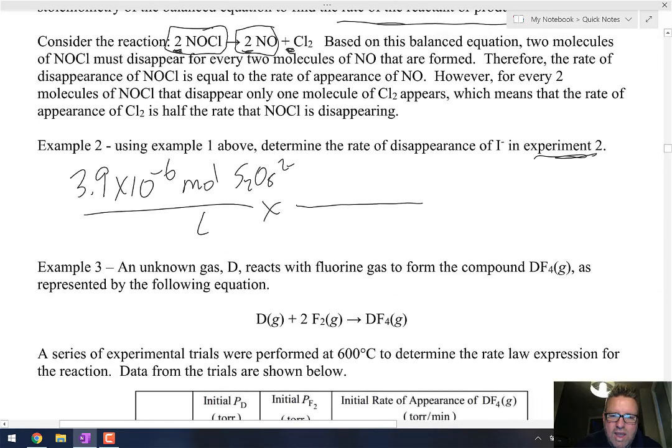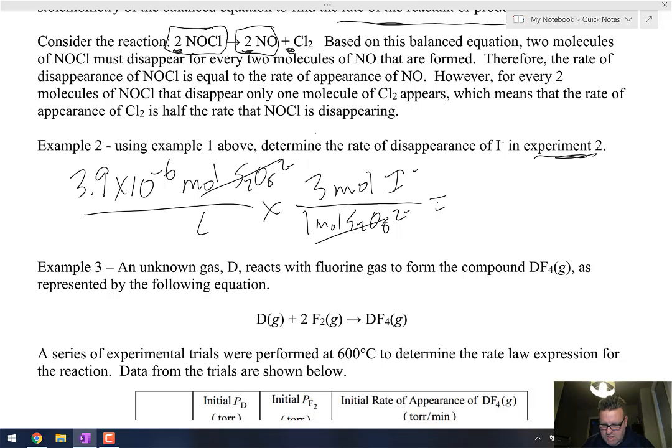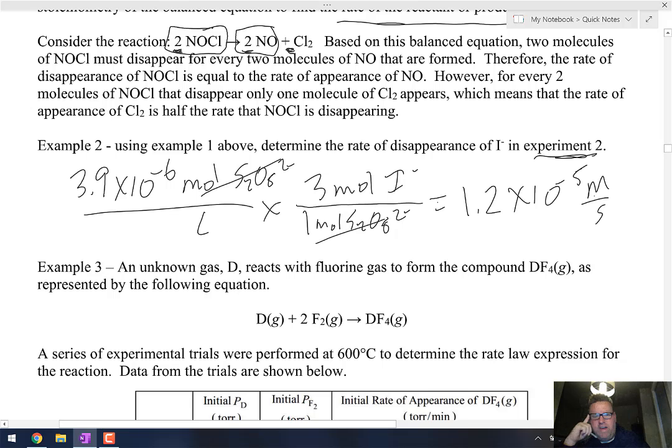For every 1 mole of S2O8 2 minus, 3 moles of I minus are going to form, and so the moles of S2O8 cancel. We just take that number, 3.9 times 10 to the minus 6, and multiply it by 3, and we get 1.17 times 10 to the minus 5 molarity per second. And that's how fast the I minus is going to disappear.